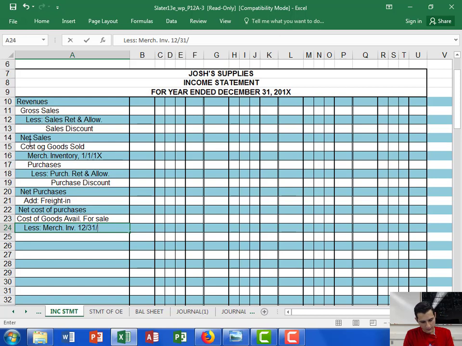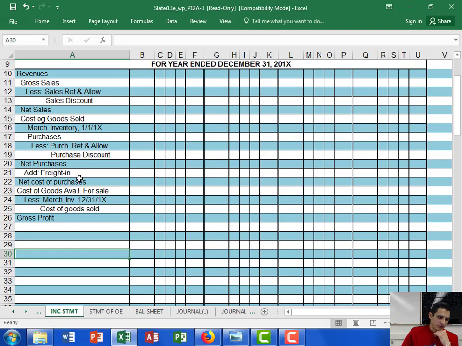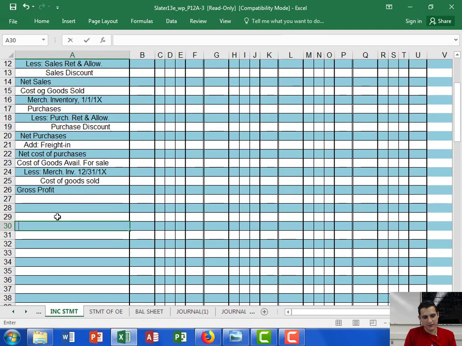So 12, 31, 1X. That'll be at the end of the year. To then get your total cost of goods sold. To then get you your gross profit. Now that's dealing with your revenue side. Now the expenses side, you're going to have your operating expenses as the main title, and you're going to have all your expenses underneath that.